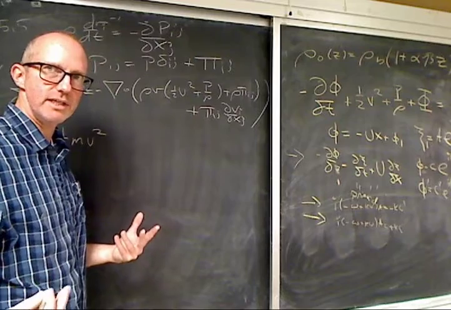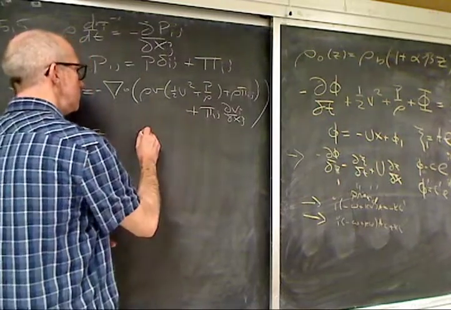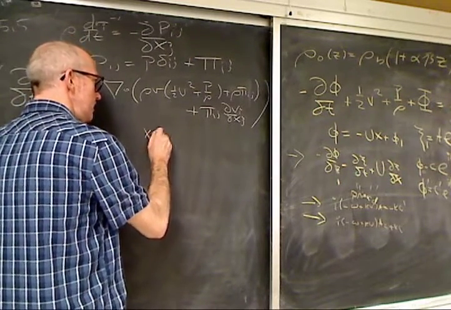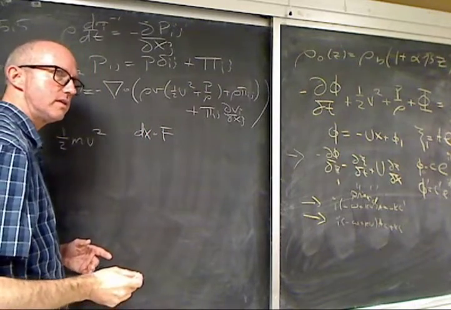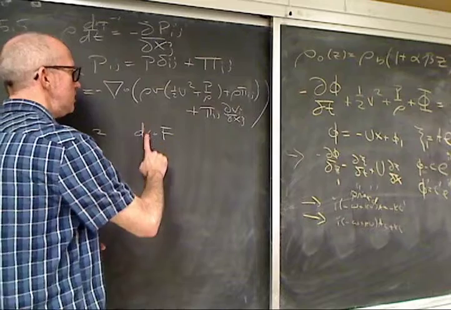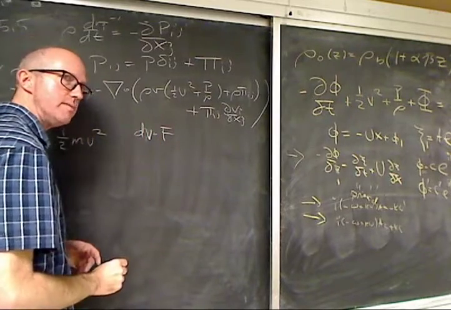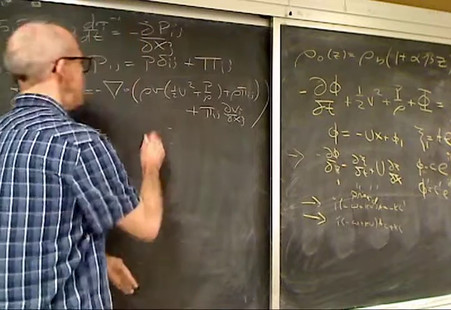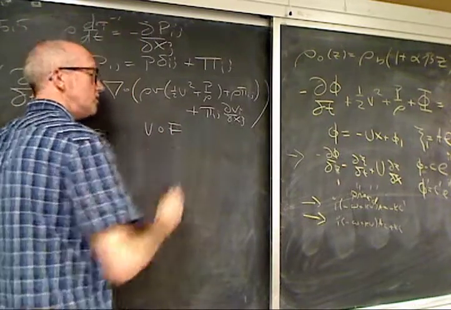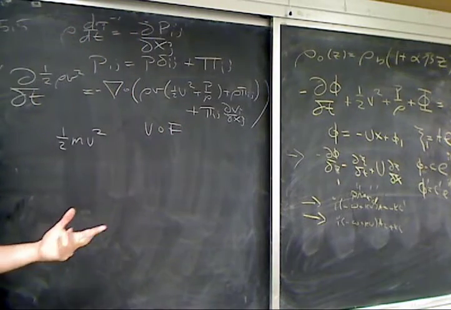Work and energy are related. What's work? Work is dx dot f. That's work. Power is dv times f. So the rate of doing work is v dot f. That's the rate of changing energy, right?